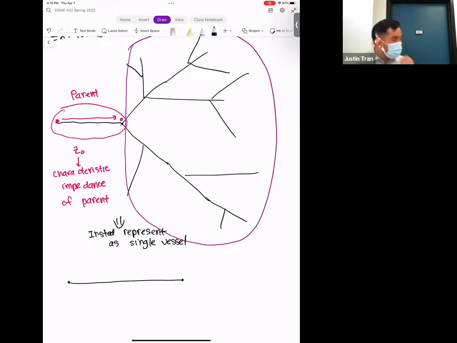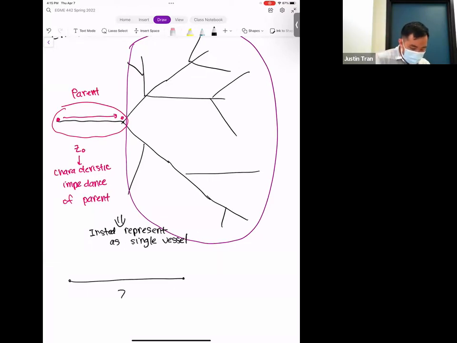Instead, we're going to represent it as a single vessel, where the single vessel still has Z naught, but the collective effect, or the collective impedances for everything downstream, we summarize as Z sub T.